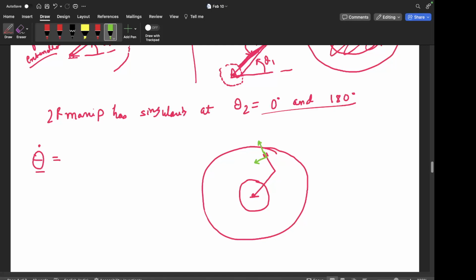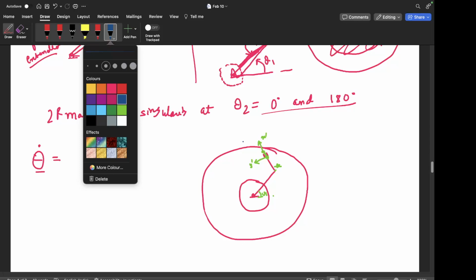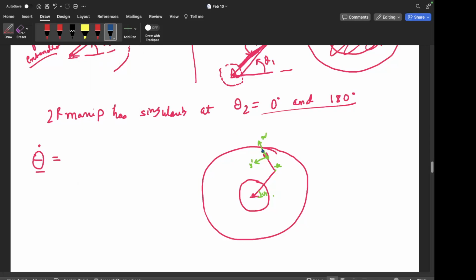I can go slightly ahead, and I'm not talking about large changes, slightly ahead in this x dash direction, and slightly in the y dash direction also. I can change my angles theta 1 and theta 2 like that. I can move along both the directions, slightly here and here. And these are two independent, orthogonal directions, so I still have the full degrees of freedom of the system, which is 2 in this case, right?